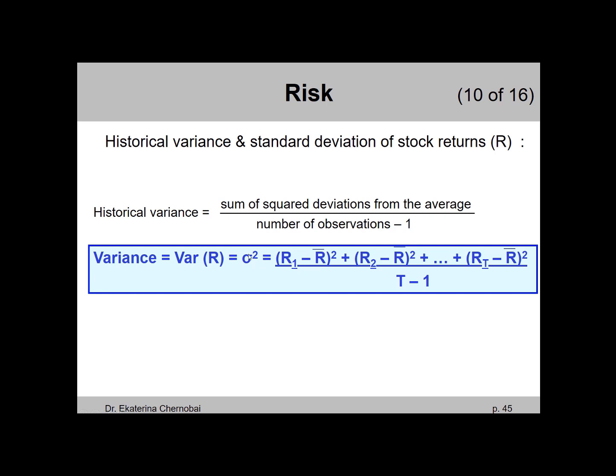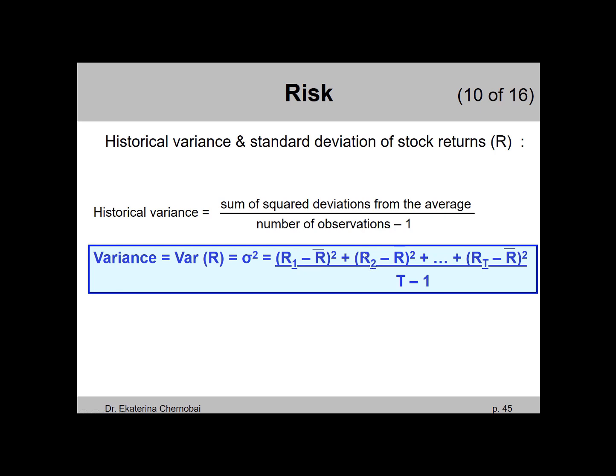Sigma squared is a common symbol for it, and again, the R's are the returns. So R1 means return in year 1. In our particular example, that's the return going from year 1925 to year 1926. R2 is going from 1926 investment value to 1927 investment value.